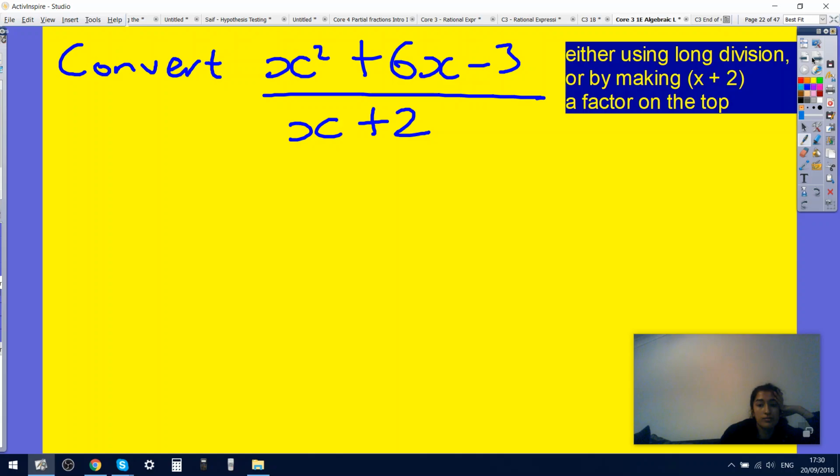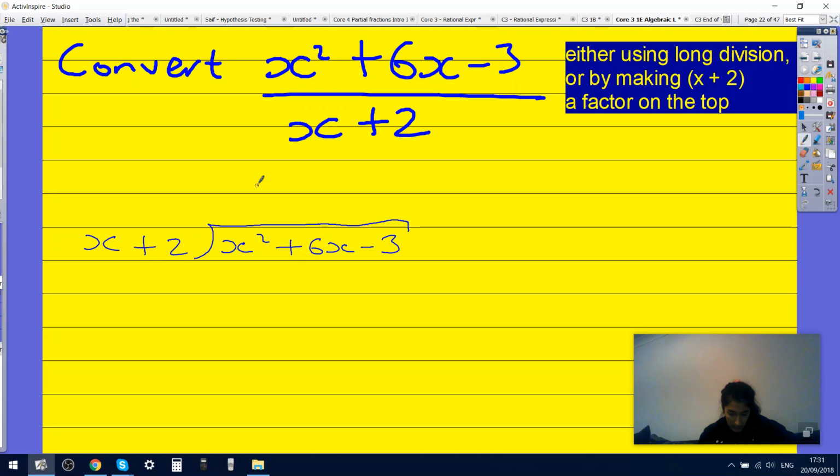Same thing. So is it how many x plus 2's go into that? Just compare the x's. How many x's go into x squared, or x squared divided by x gives you what?